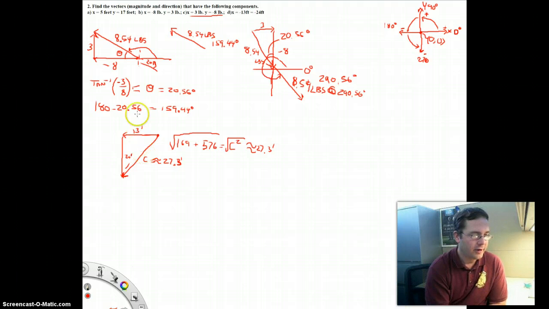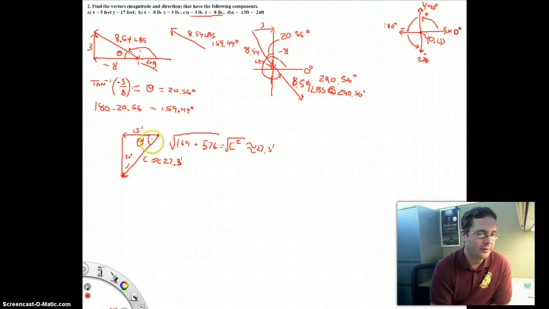Now, the direction, well, same problem, right? You've got opposite and adjacent. Here's angle theta. So remember that angle theta is always going to have one of its sides with an adjacent label, and one of them is going to reference the other side opposite it. When we use the tangent function, the length of the hypotenuse does not come into play, and we don't want it to, because it's a calculated number.